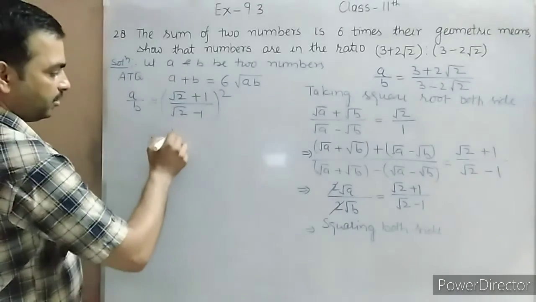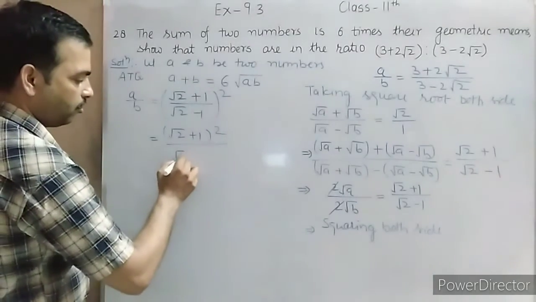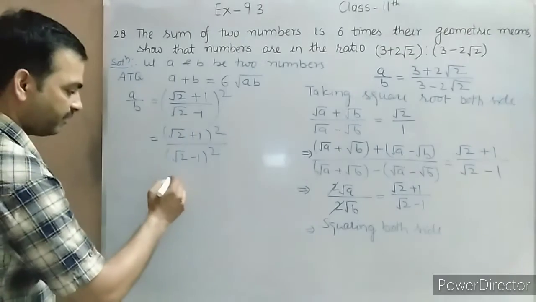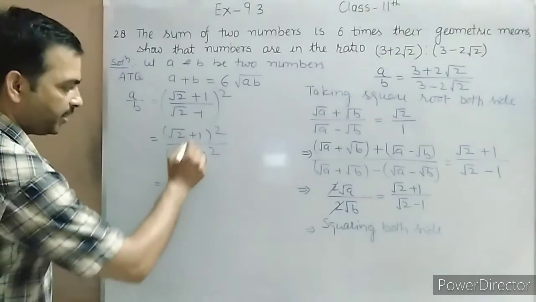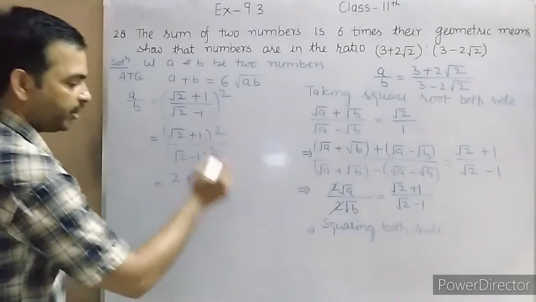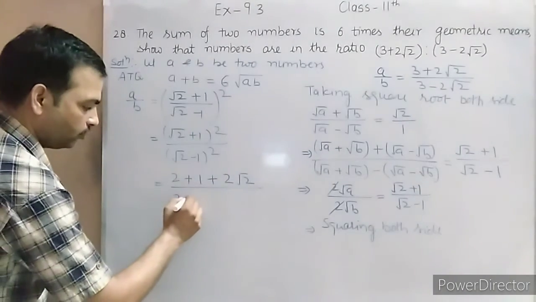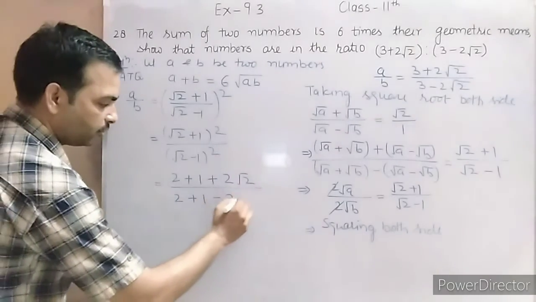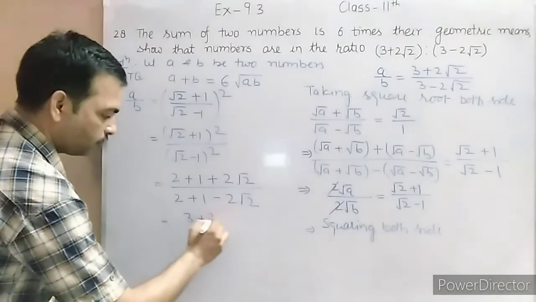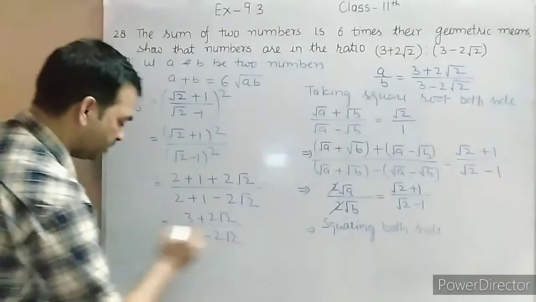Now, root 2 plus 1 whole square divided by root 2 minus 1 whole square. Using the identity (a plus b) whole square, we get a square, which is 2, b square, which is 1, plus 2 times the multiplication of root 2 into 1. Again applying the identity, it is 2 plus 1 minus 2 root 2. So 2 plus 1 is 3, giving 3 plus 2 root 2 divided by 3 minus 2 root 2.